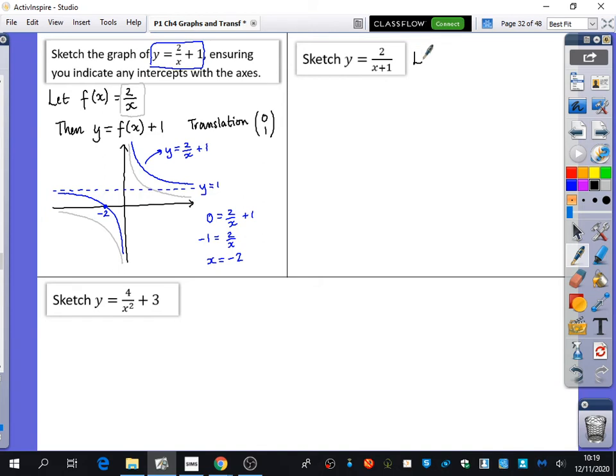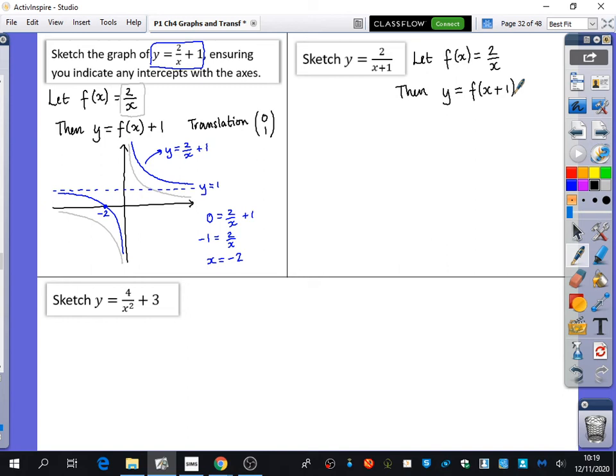So I'm going to start off by saying let f of x equal the one that we know how to draw. And the one that we know how to draw is 2 over x. Then our one, y, is equal to f of x plus 1.